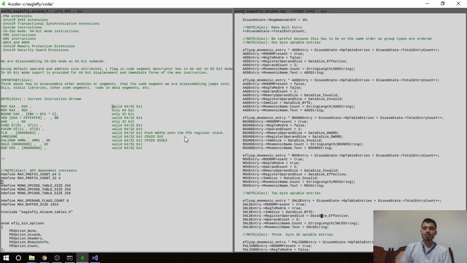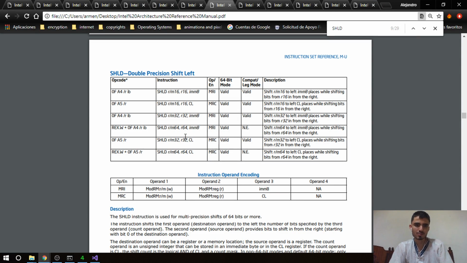And if we do, we should have the effective and the other case special, you know, which is most of the time for 8-bit things. For example, well, this is 16, but this is because it uses CL. But if it just changes the operand size, it's gonna be the same. It's just gonna use the operand size is different.